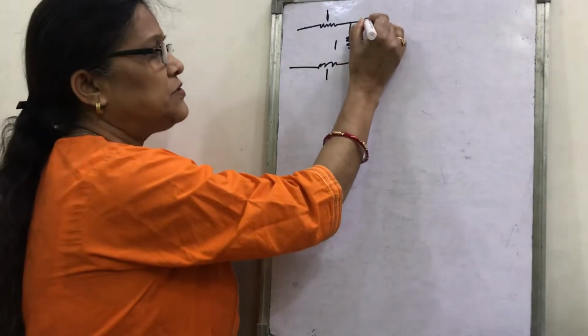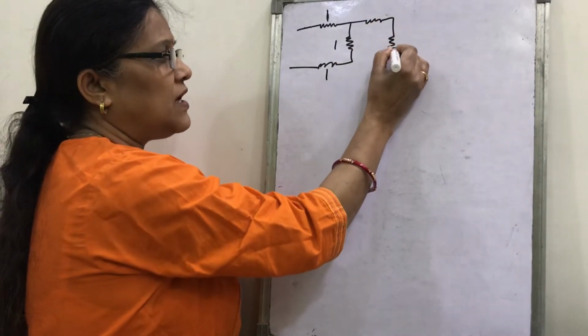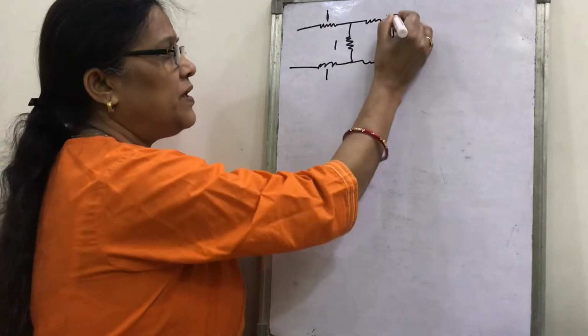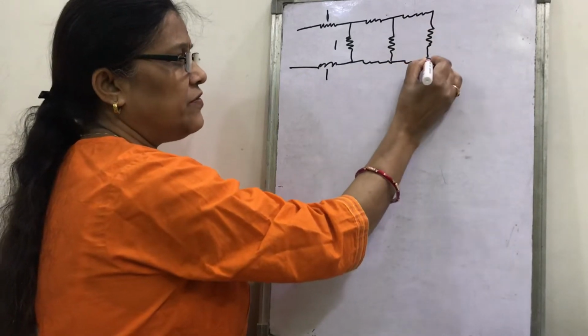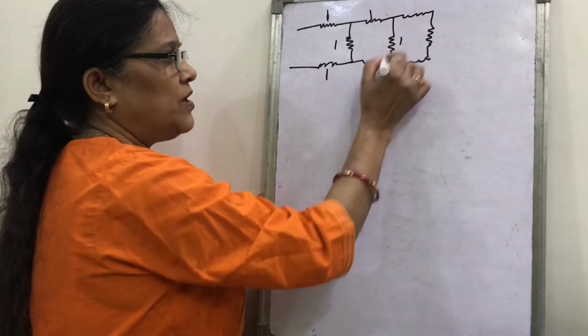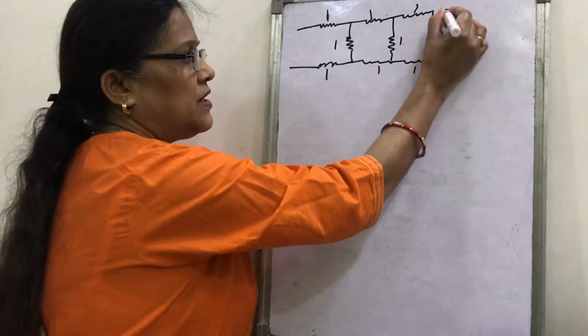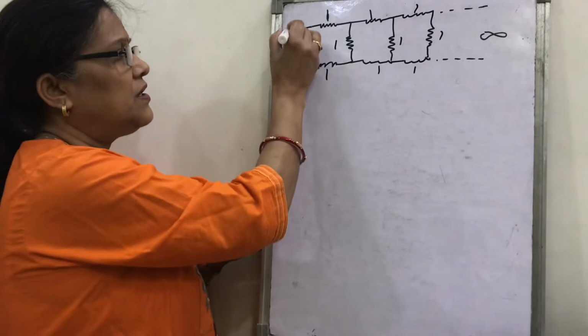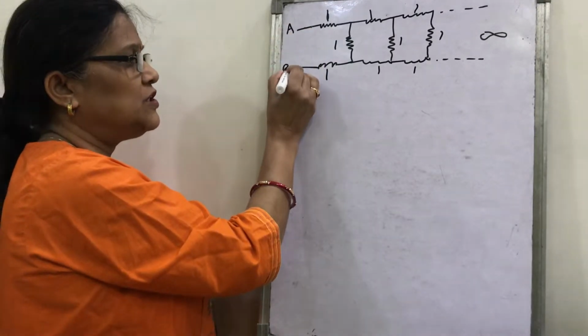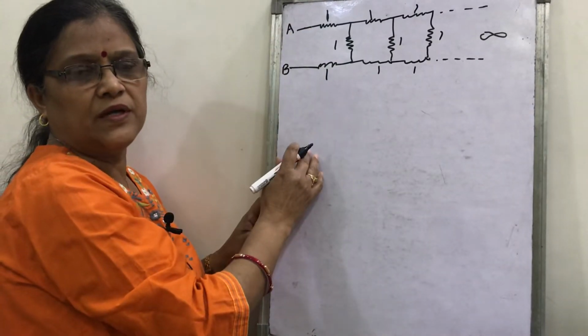In this way, so many blocks are here, and how many? They are infinite, up to infinity. Find the equivalent resistance between the points A and B.